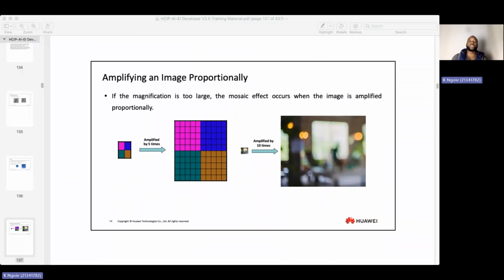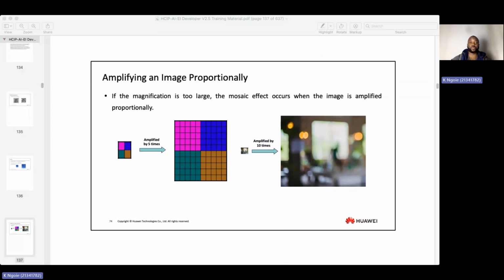Amplifying an image proportionally is also called uniform scaling, or proportional resizing in image processing and AI, because it's the geometric transformation where an image is enlarged or reduced while maintaining its aspect ratio. So the width and the height increase or decrease by the same factor.